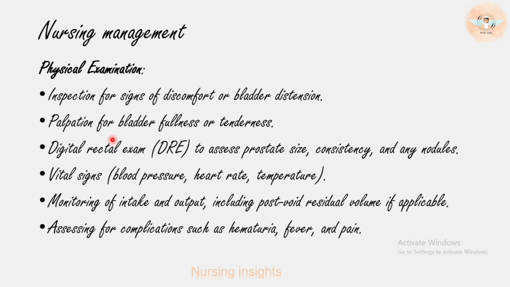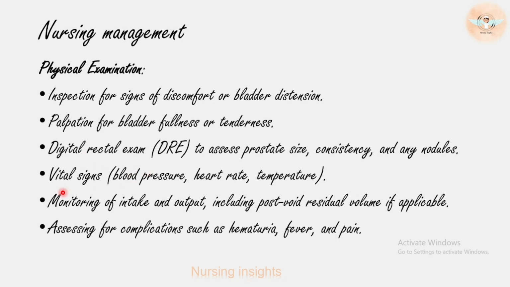The next section is physical examination. We should observe by inspection for signs of discomfort or bladder distension, palpation for bladder fullness or tenderness, and the digital rectal examination. This is one of the physical examinations we use to assess the prostatic size, consistency, and whether there are any nodules. For digital rectal examination, through the rectum we insert a finger in order to measure the prostate size.